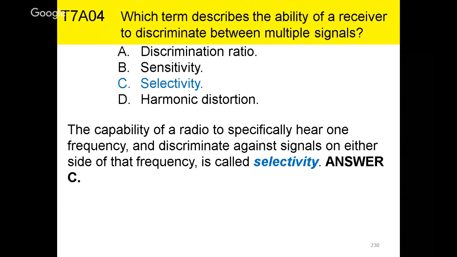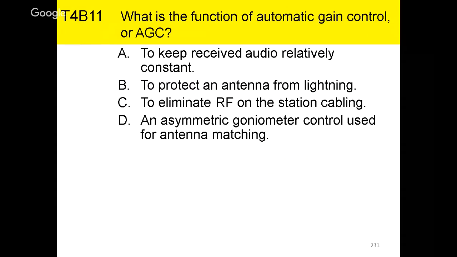This is where your filtering comes in. It's the capability of a radio to specifically hear one frequency and discriminate against signals on either side of that frequency. Selectivity is the correct answer. How sensitive is it to actually pick up the signal? How selective is it to bring in the signal that you want to hear and reject others?